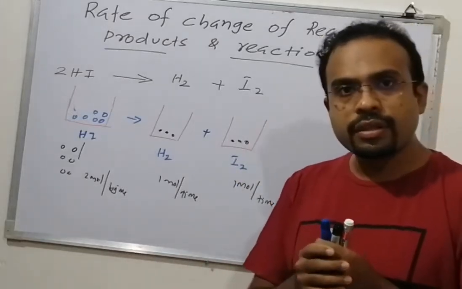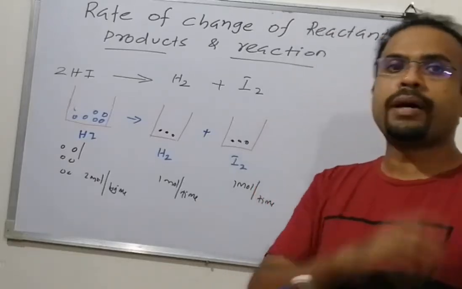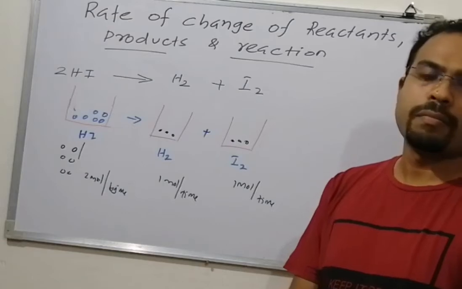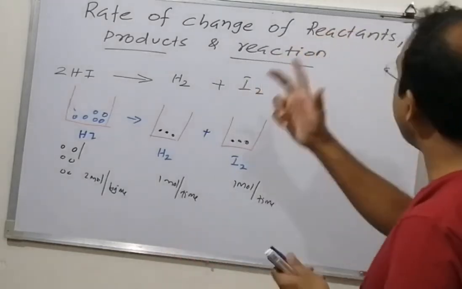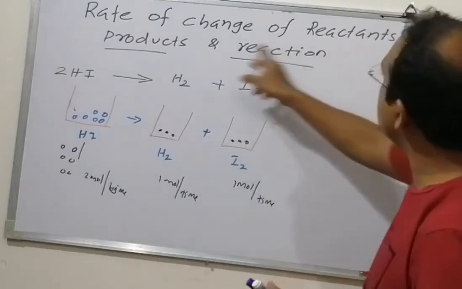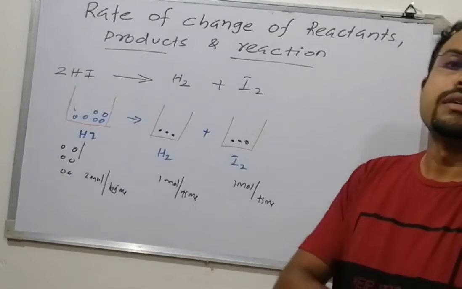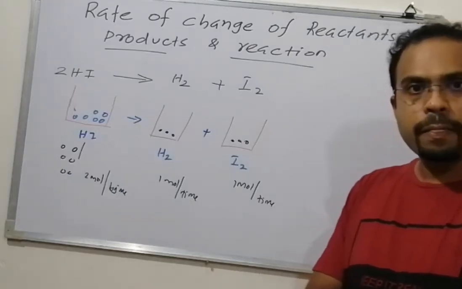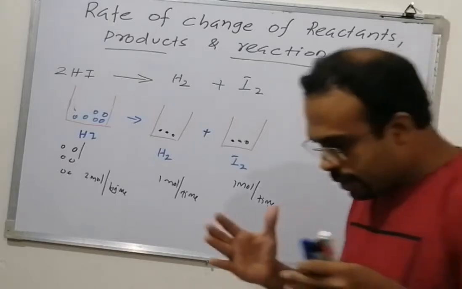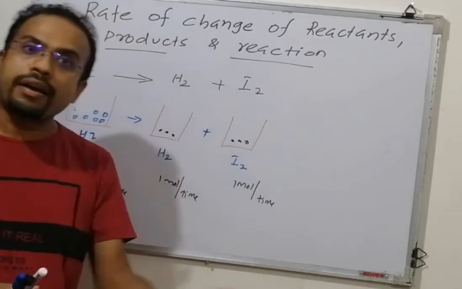That is, the individual speeds of the participants are different. Therefore, we have three ideas: individual speeds of reactants and products, and rate of reaction. The rate of reaction is a different idea.